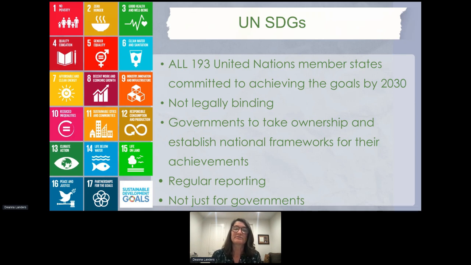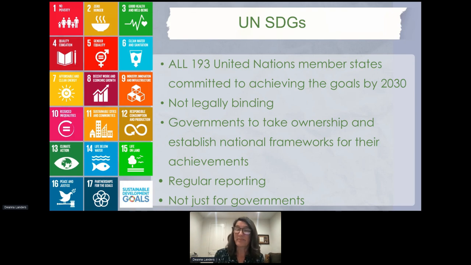All of the 193 United Nations member states are committed to achieving the goals. They've expressed their commitment by 2030. So this is identified in 2015, and the goals are to be completed. Their targets are at 2030.